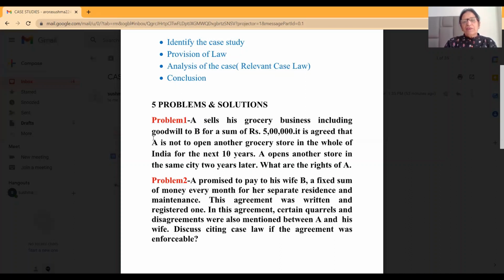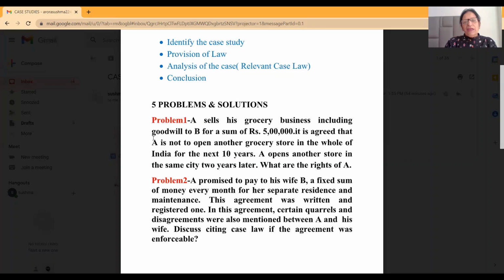So friends, here the buyer of the business will have the right to take action against the seller. The agreement term is that he's not going to open another grocery store in the whole of India for the next 10 years. But in the same locality also, he cannot open the store because then he will be taking away all the customers of his previous business. So here, the buyer will have the right to take action against A.